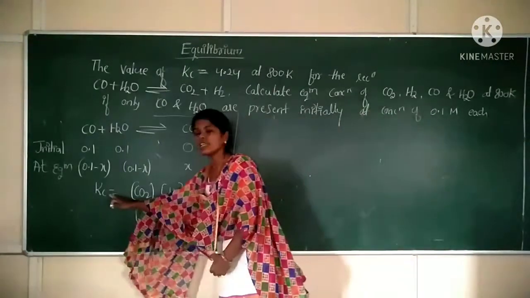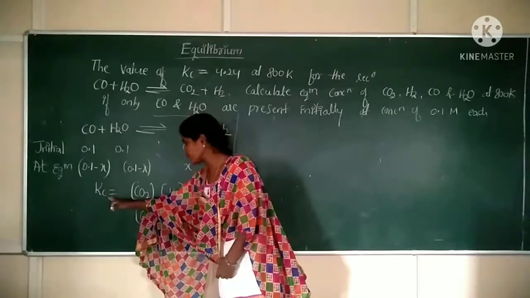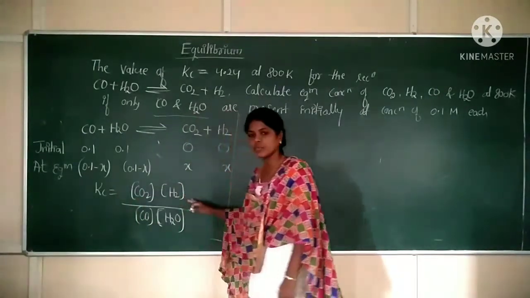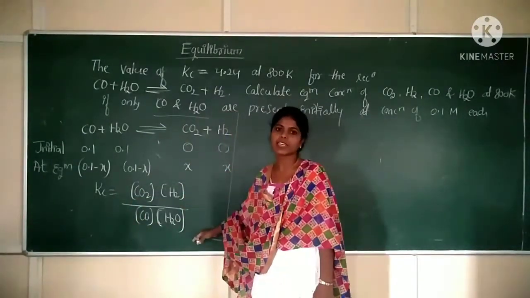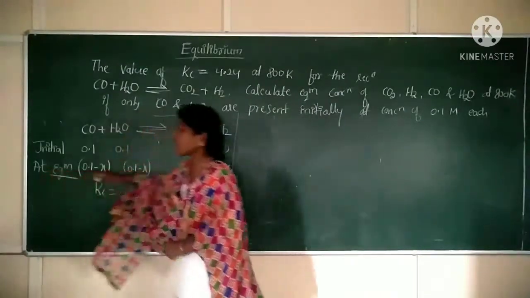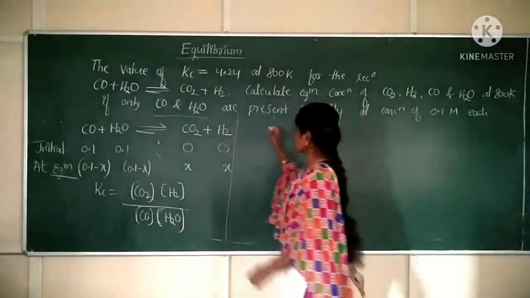Now substitute the values. What is Kc here? Equilibrium constant is the concentration of product divided by the concentration of reactant at equilibrium. So substitute it.